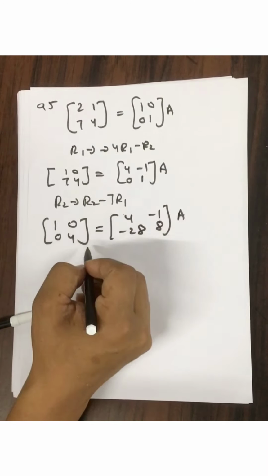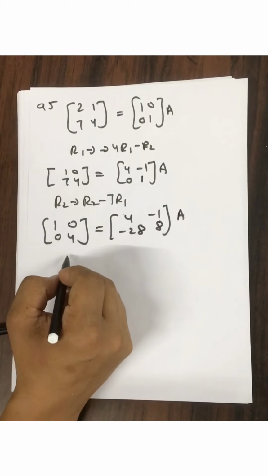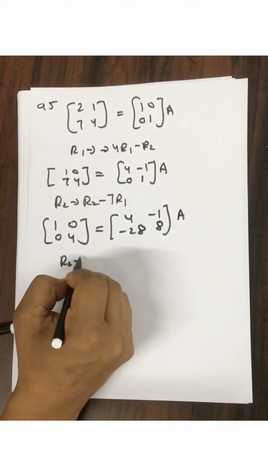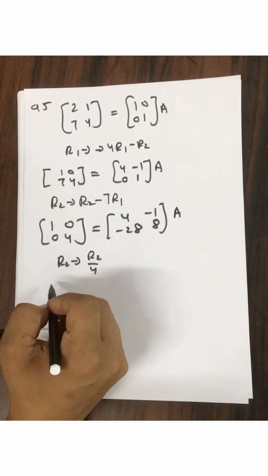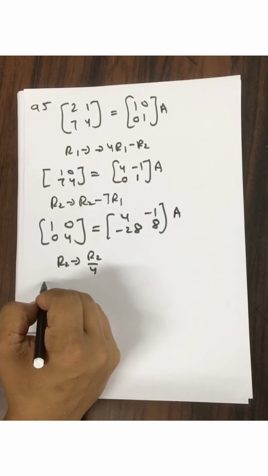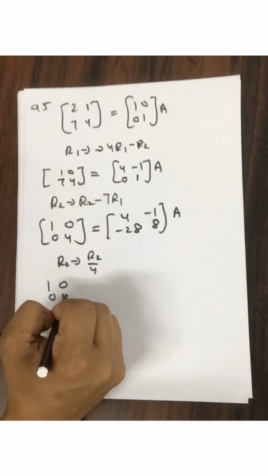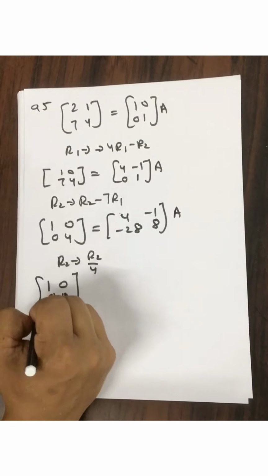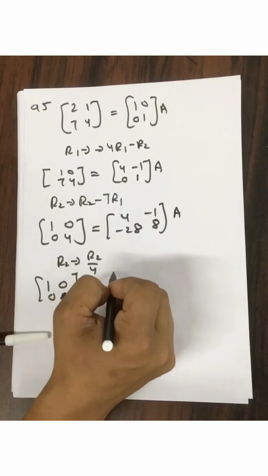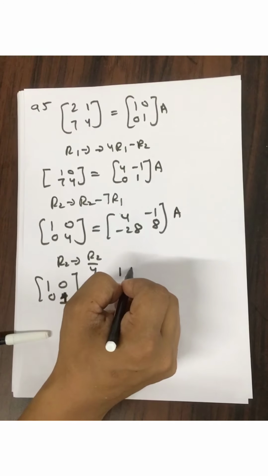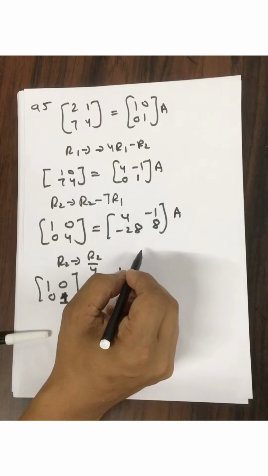A is also there. Now, how to get rid of this 4? Divide by 4, simple. R2 divided by 4. So, how much will this become? This will become 1, 0, 0, 1, 1, equals, divide by 4, 1, and this will become how much?